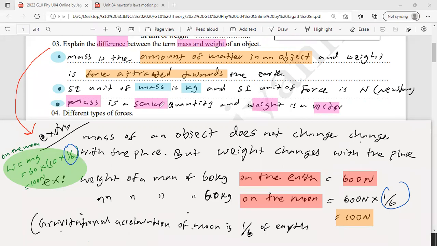So again, if I quickly summarize what I told: force is a vector, measured in Newton, the SI unit of force, and the relationship between force and mass is W equals mg. 1 kilogram is equal to 10 Newton. And mass is measured in kilograms, and mass is a non-vector scalar quantity. Rashmina, when you are done, please lower your hand. We are waiting for you. Or else you can take a screenshot. Okay. Finish writing.